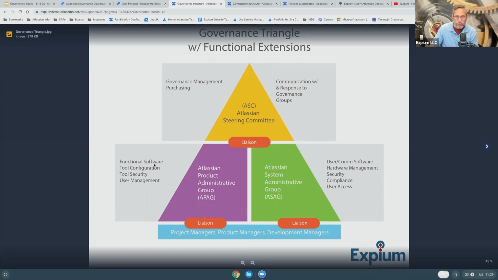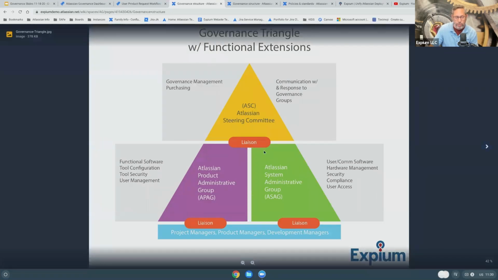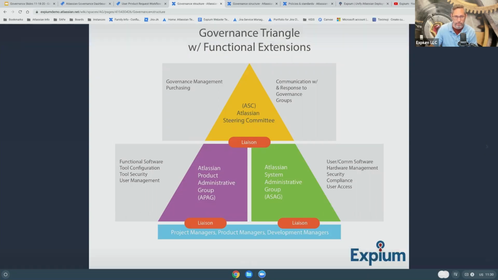Things like functional software tools, tool configuration, tool security, and user management within the tool will be governed by the product administrative group. If you are on a cloud, a software as a service Atlassian cloud platform, you will likely need fewer people in this system admin group, because Atlassian is managing a lot of the admin stuff for you on that system side.